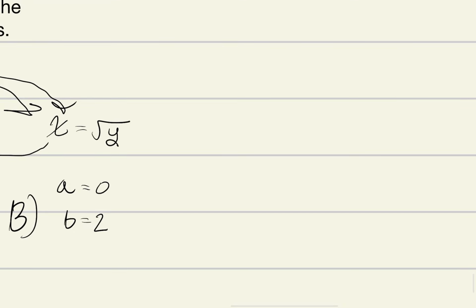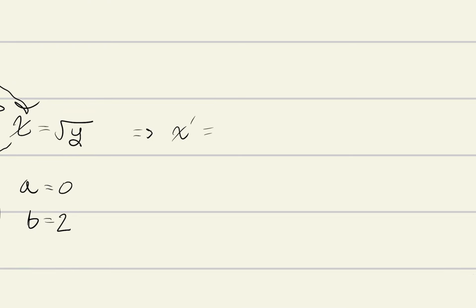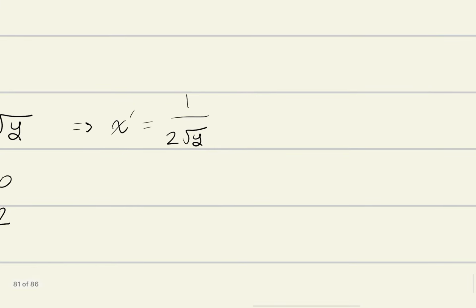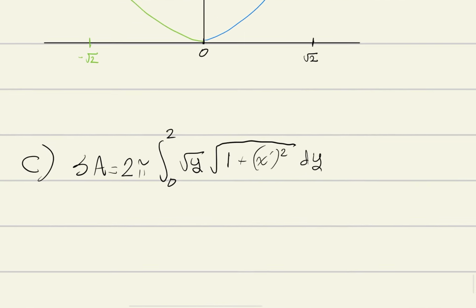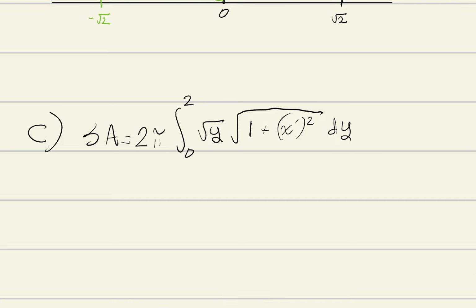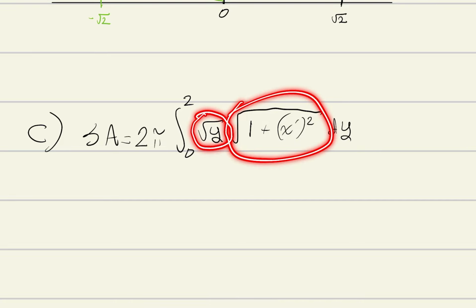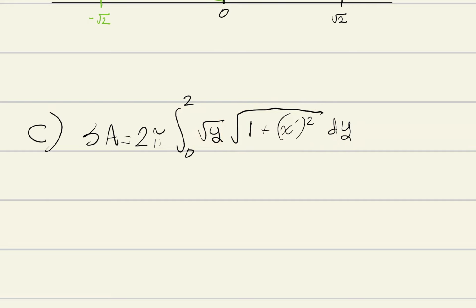So the derivative of x is 1 over 2 root y. And we can go ahead and square it too. The derivative of x squared would be 1 over 4y. We can also notice that this is a square root and this is a square root, and they're multiplying each other.